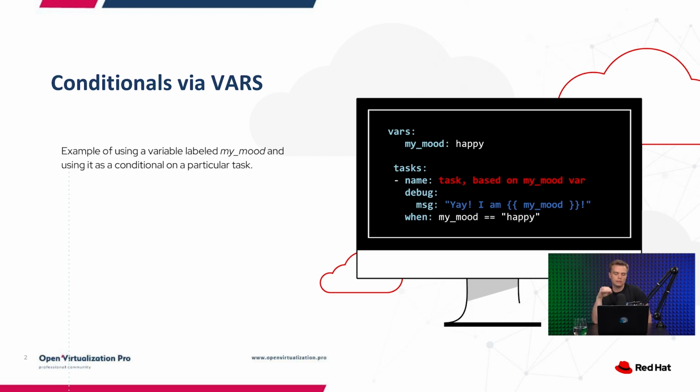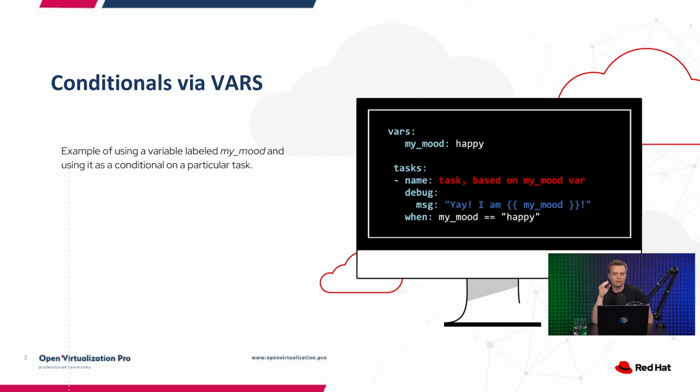You can define the variables for, let's say, the scope of a given play. And this is actually a good example. You have a vars section in your play, and then you want to actually run specific tasks only when the condition is met.